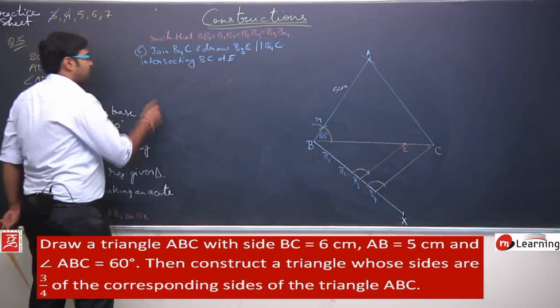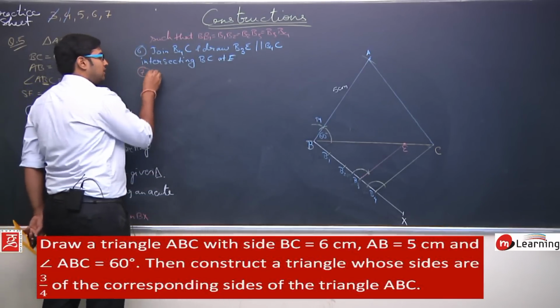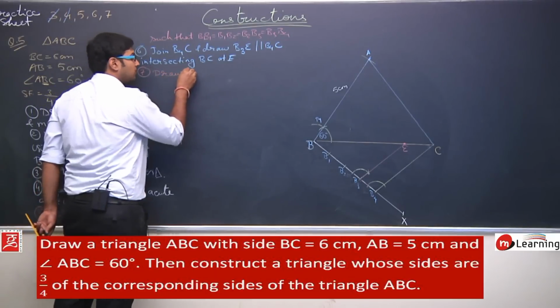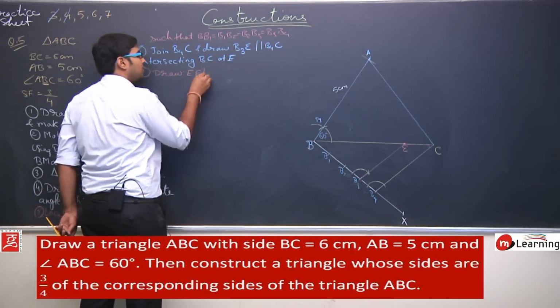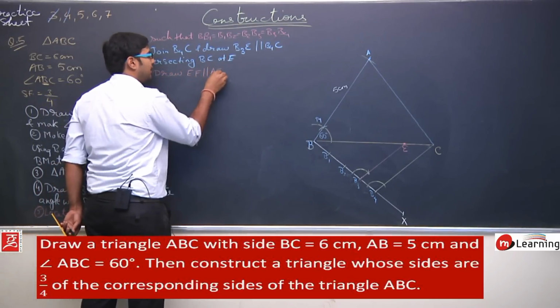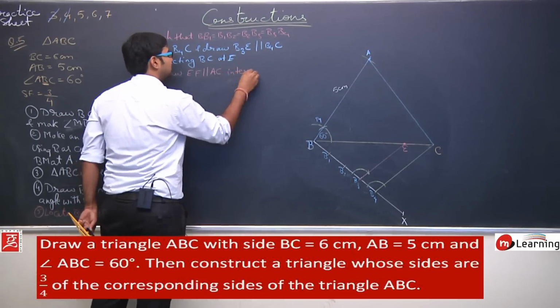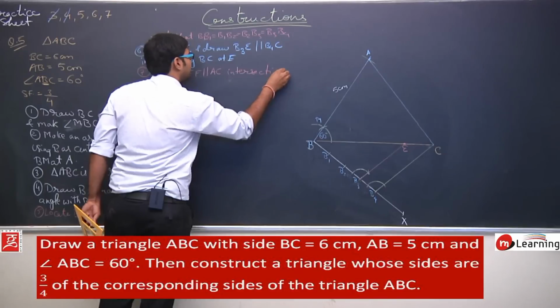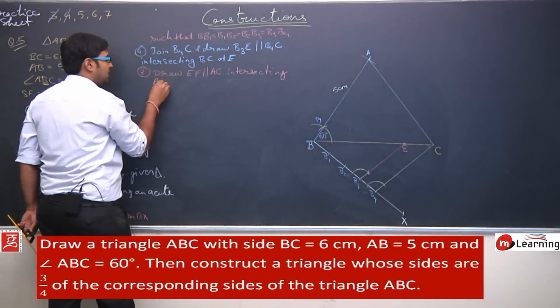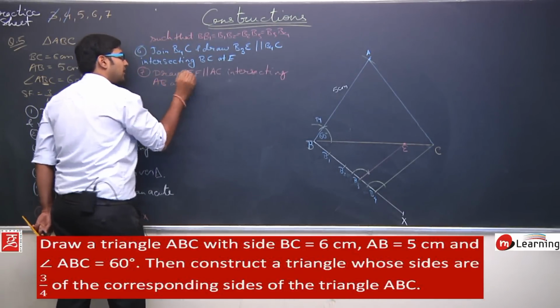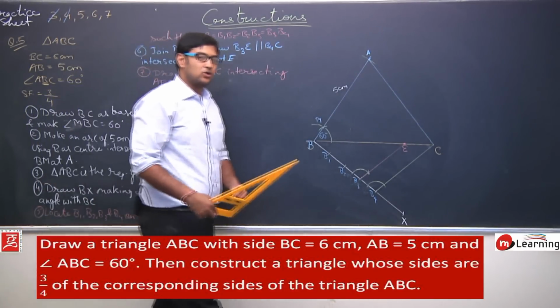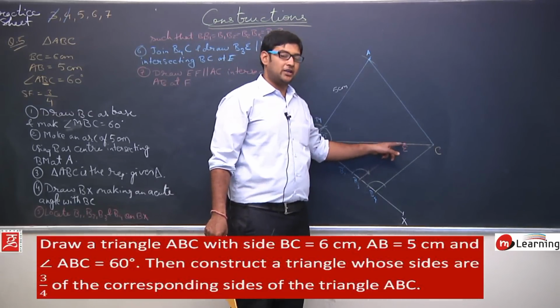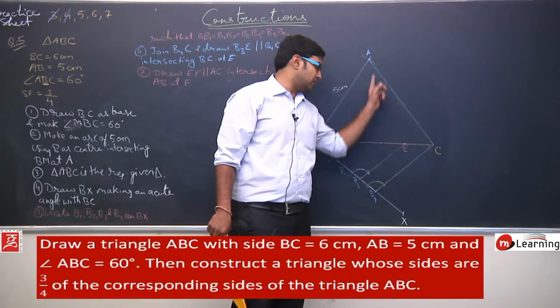Now what is the next step? Seventh step will be: draw EF parallel to AC intersecting AB at F. So my task is to draw a line from this point E parallel to AC.